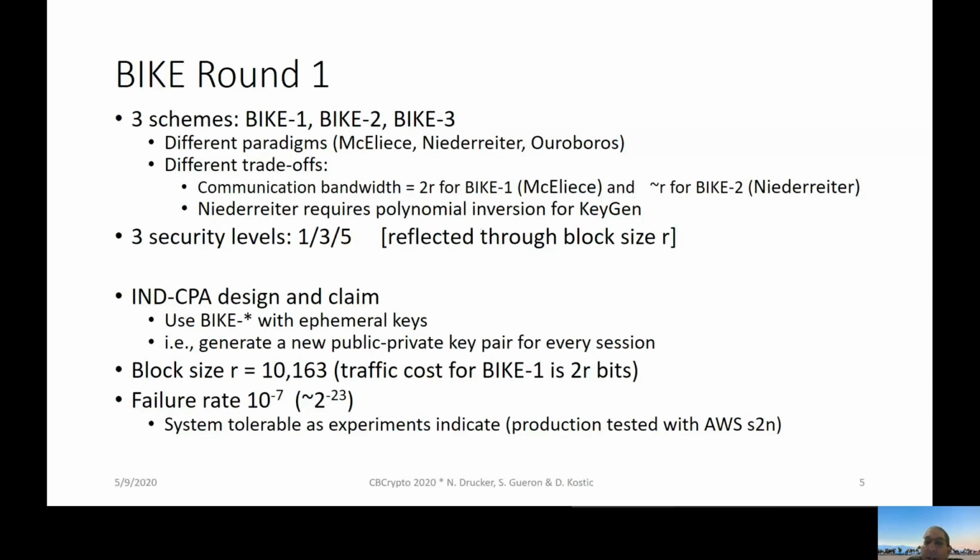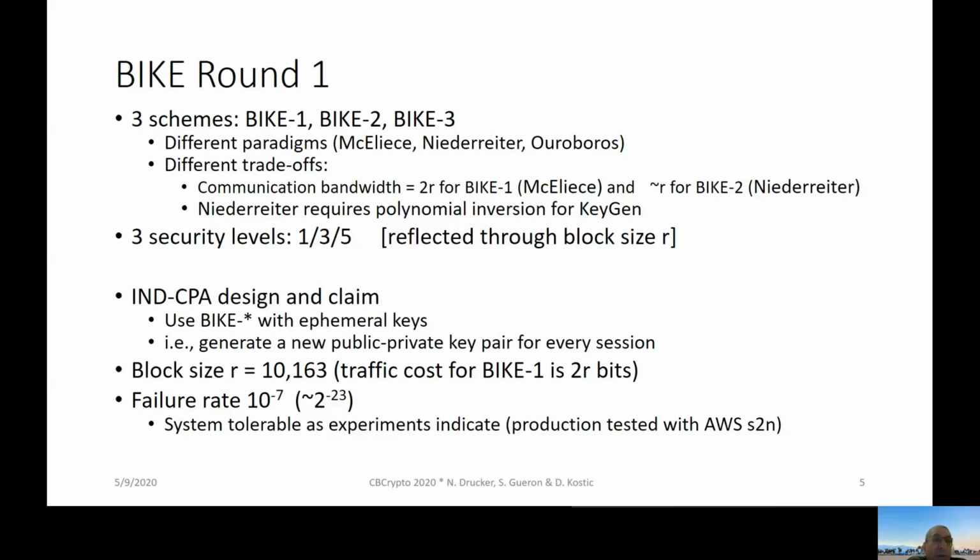And BIKE 2, which is based on Niederreiter, has only R, half of this. But this is a trade-off because the Niederreiter framework requires a polynomial inversion for the key generation. And this is especially painful when we want to have ephemeral keys and regenerate keys for every session.